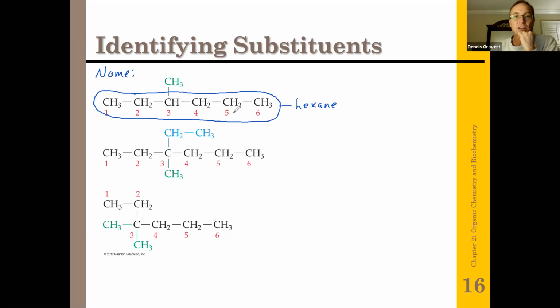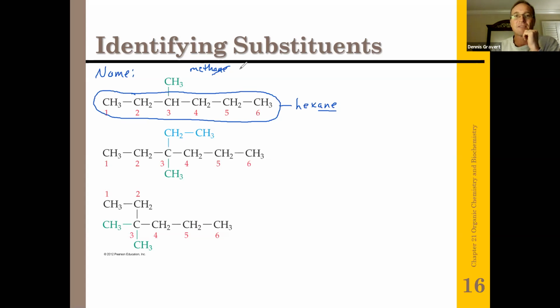They've already numbered it for us. Why did they go 1, 2, 3 and not 1, 2, 3, 4? They wanted to get to the branch as fast as they could. So the correct numbering is 1, 2, 3. Got to this branch. What's the name of that branch? It's a 1-carbon branch, so it's Molly. No. It's methane if it was a parent, but the parent's hexane. So only hexane gets to keep the ane ending.